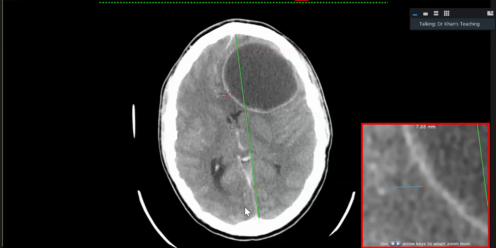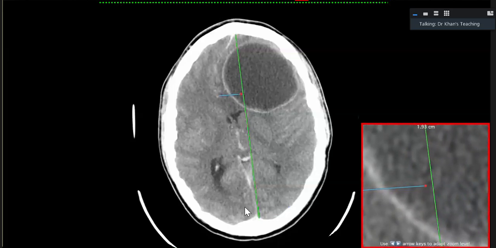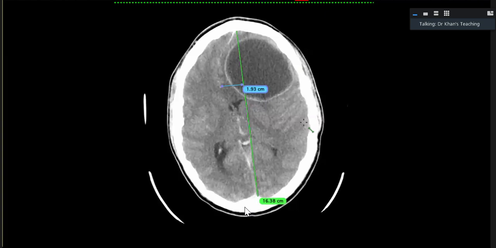Less than 1 centimeter is fine. Between 1 and 2 is considered significant. More than 2 centimeters is considered extremely alarming, a very bad prognostic sign in the context of, let's say, a subdural, extradural, etc. This concept should be there because this question has been asked in the exam.